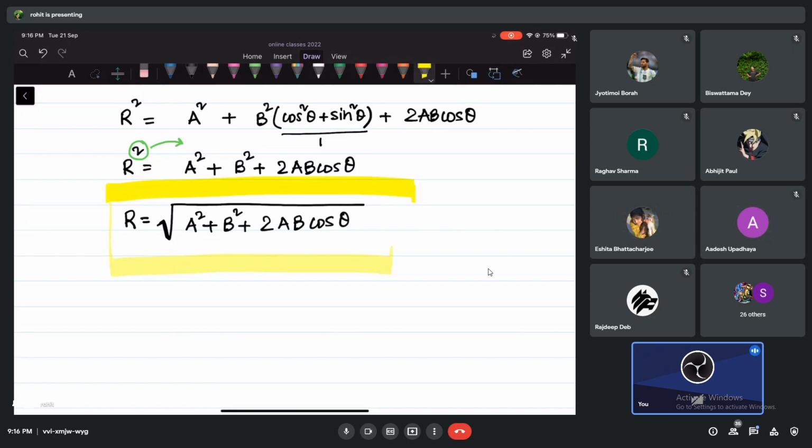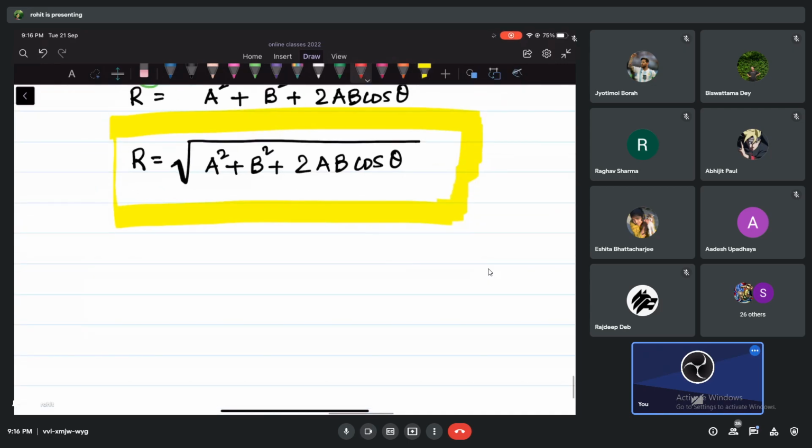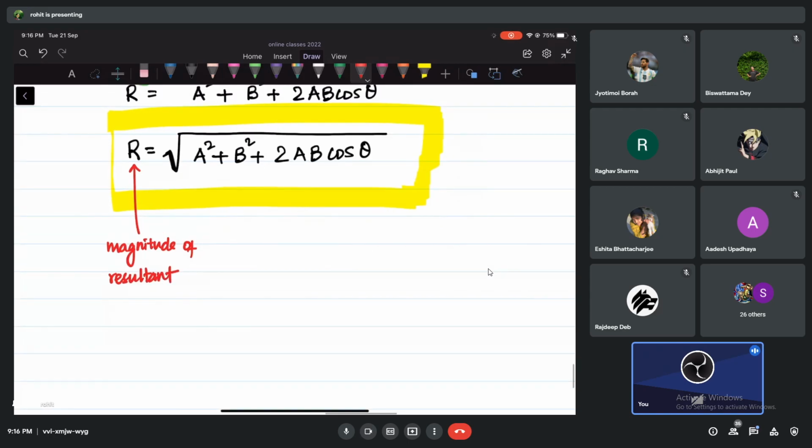Okay, guys, but listen. Very nicely, very easy idea. See, let's be clear. What is this? Magnitude of resultant. Everybody's happy with this. Size of the resultant. What is this here?